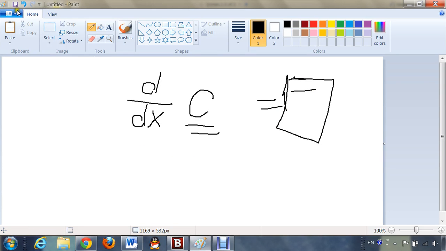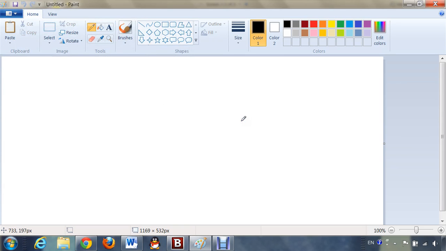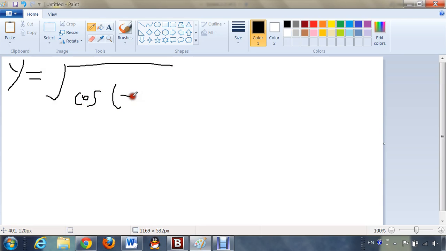Oh wait, you know what? I guess we should. Let's do a quick way to remember the second way to take the derivative. Okay, that was the original question. Now remember the parenthesis way, you're moving from the inside to the outside. So moving from the inside, you find that x is the most inner part.